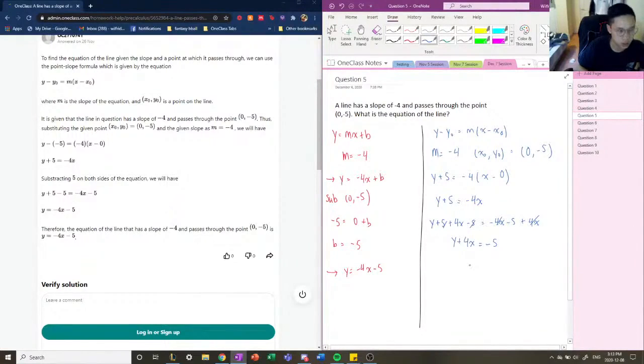Wait a second, I need to move it back. Why did I do that? If I just reverse this, I'll move it back. y plus 4x minus 4x equals -5 minus 4x, which gives y equals -4x minus 5.